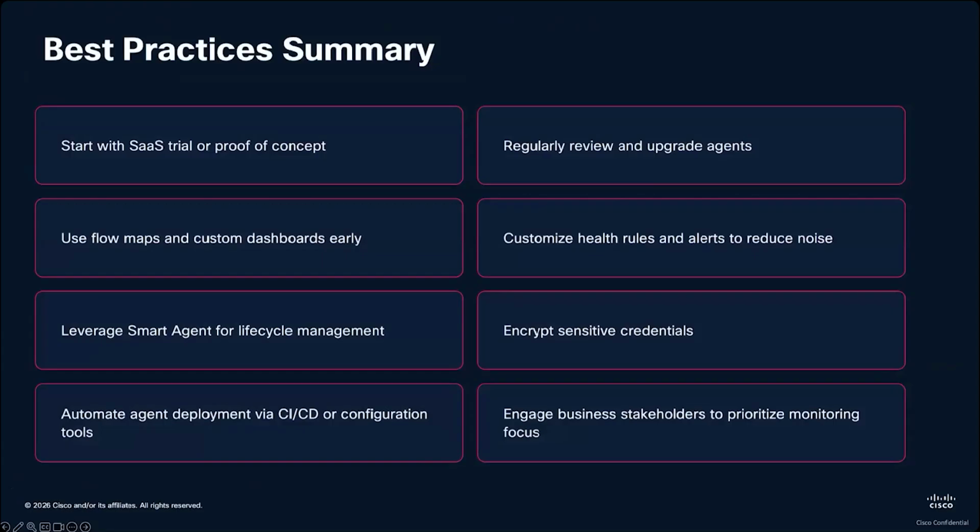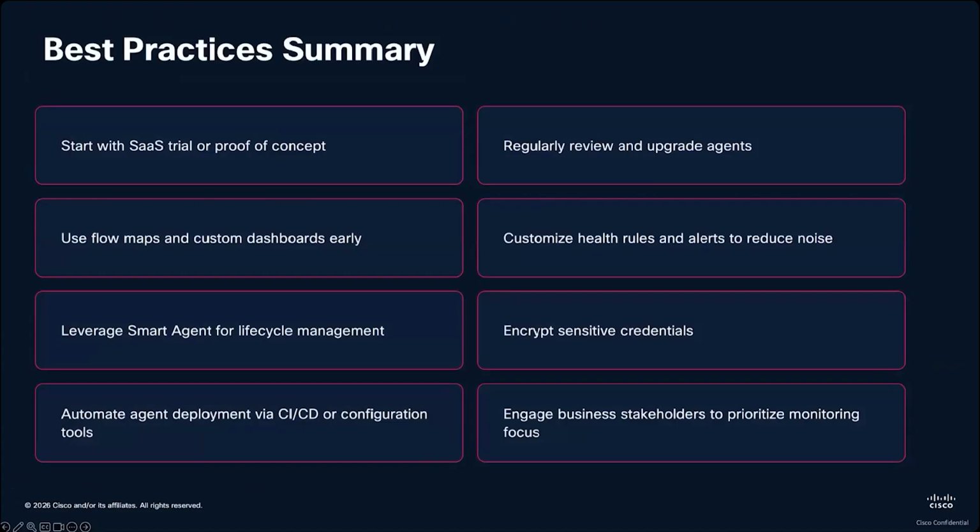We want to leverage things like the Smart Agent for lifecycle management or agent version control. If you're not going to use the Smart Agent, other CI/CD pipeline tools or configuration management tools can be very helpful here to automate things.